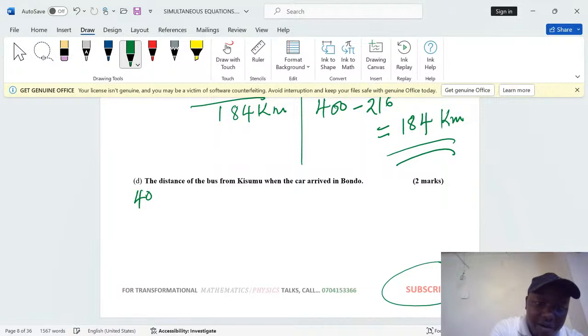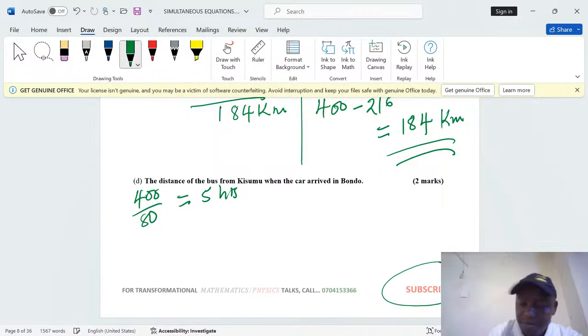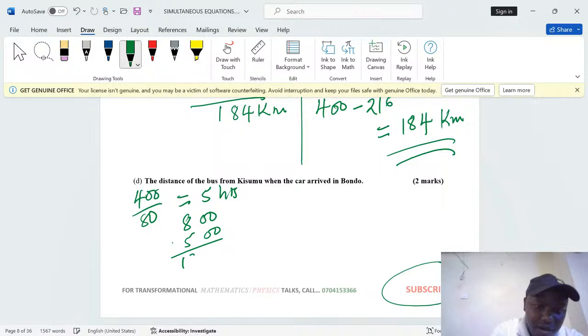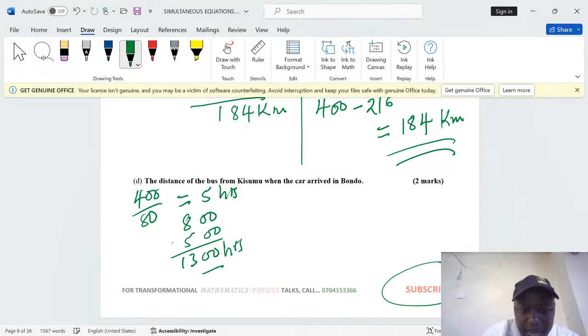A distance of 400 at a speed of 80 for the bus, we are getting 5 hours. This means that from 8, it's supposed to arrive at 13:00 hours. This is the expected arrival time of the bus.